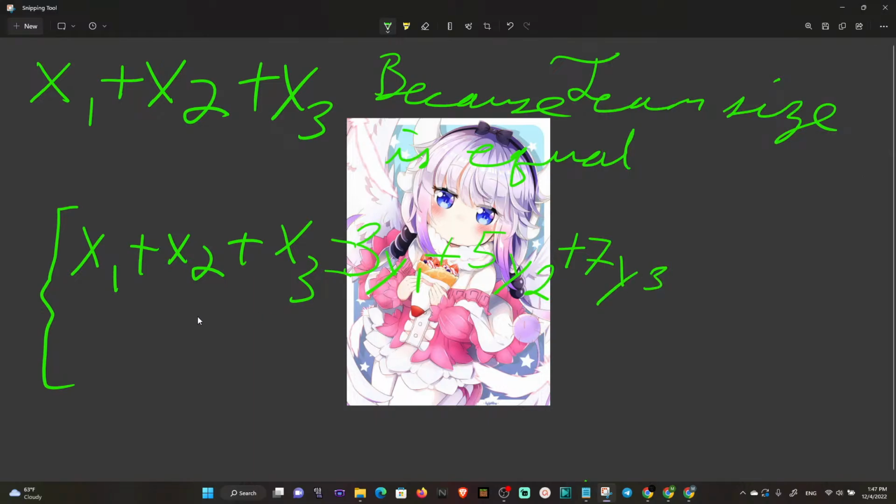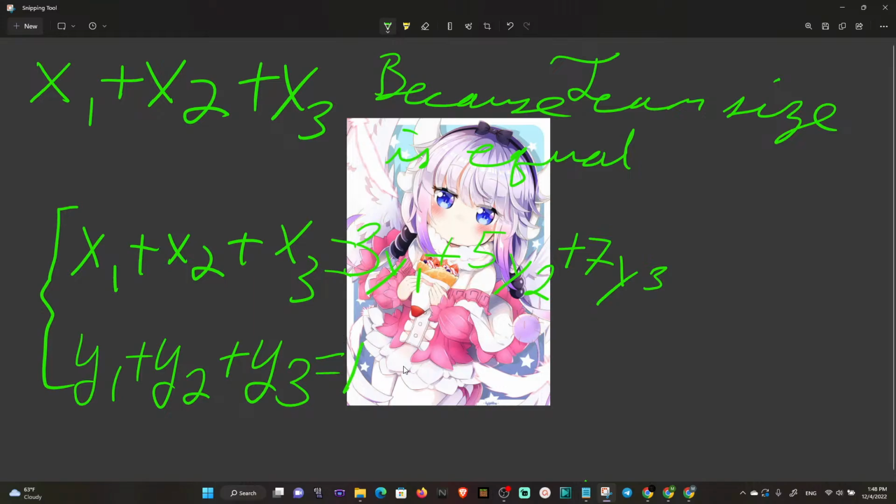What are we missing? Another constraint. Does it have something to do with the y? I'm assuming it's just y1 plus y2 plus y3 equal to 1.